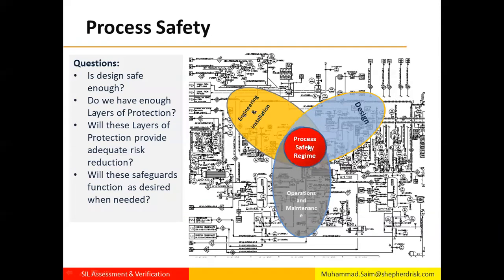This overlapping regime is the process safety regime. So in order to find the answers to these process safety questions, we need a combination of the application of design, engineering and installation, and maintenance and operation practices.